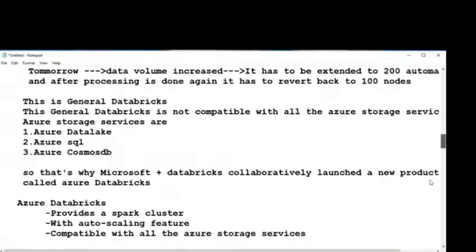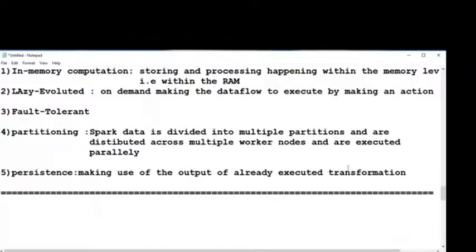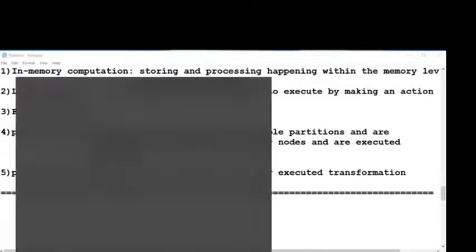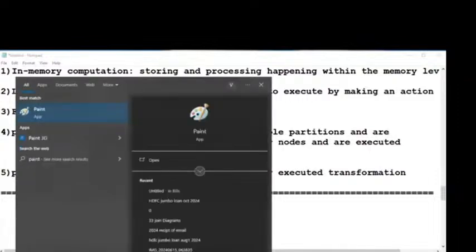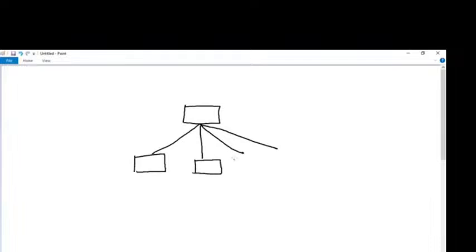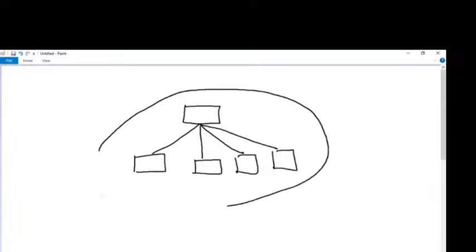See this. This entire thing we call a cluster. 40 node cluster or 60 node cluster, whatever systems you got.